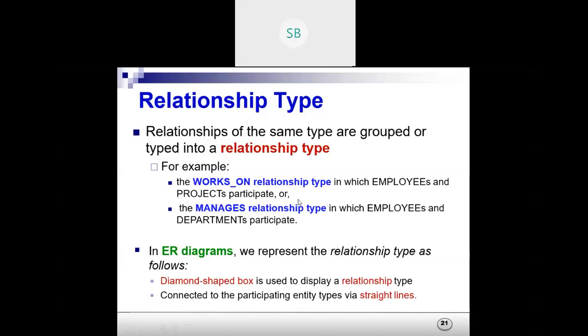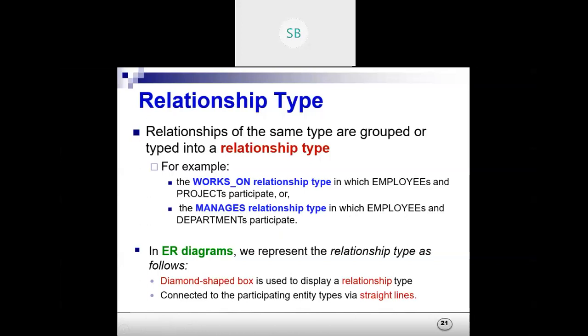There is a relationship between the entities project and employee, so we can group them together using the relationship works on. Similarly, if we want to relate department and employee, we know the manages relationship is there, where employee and department participate.